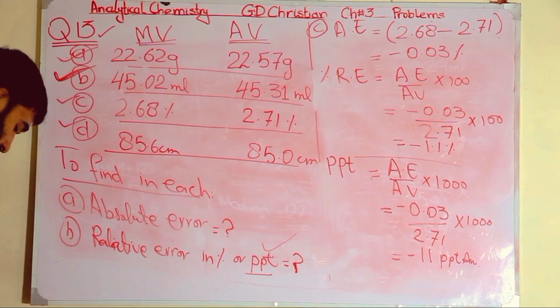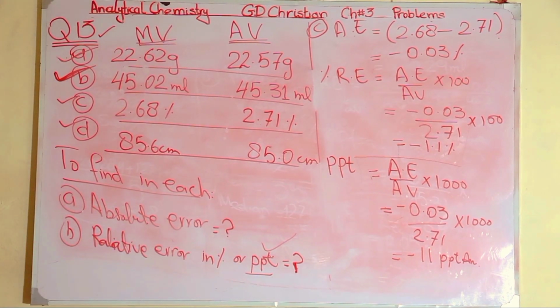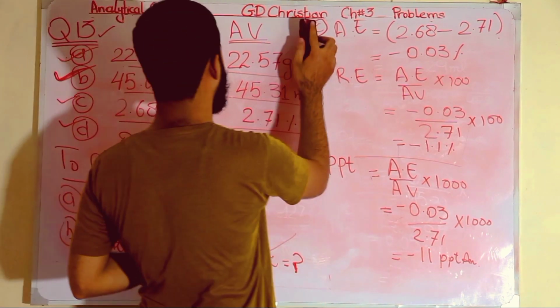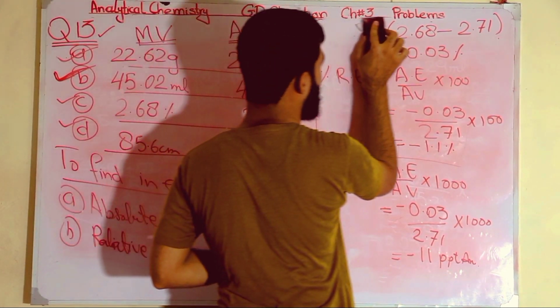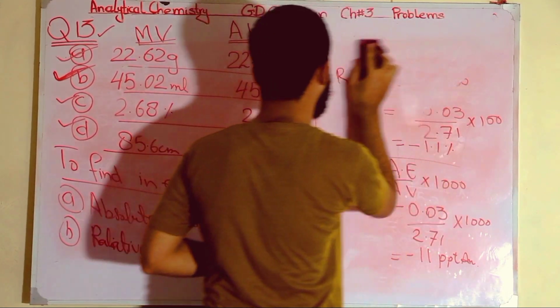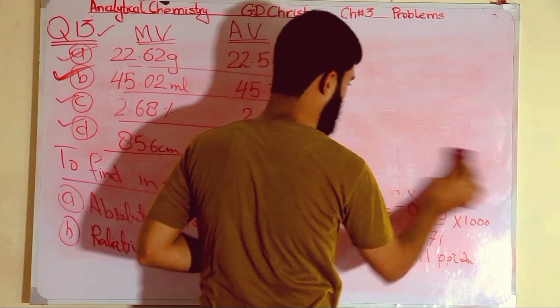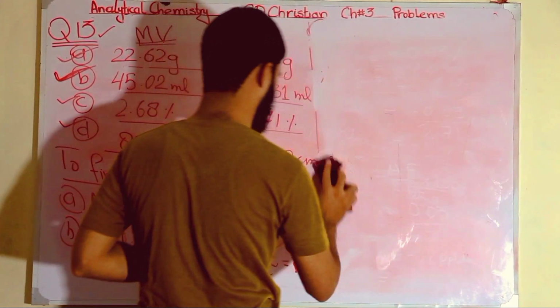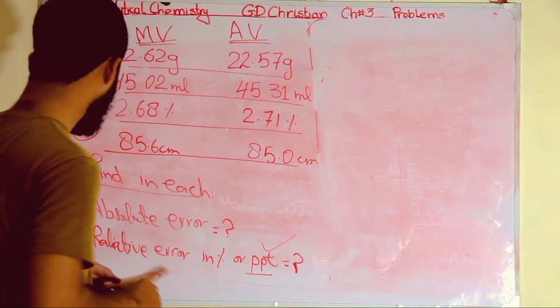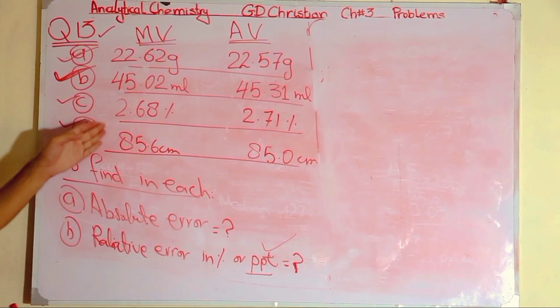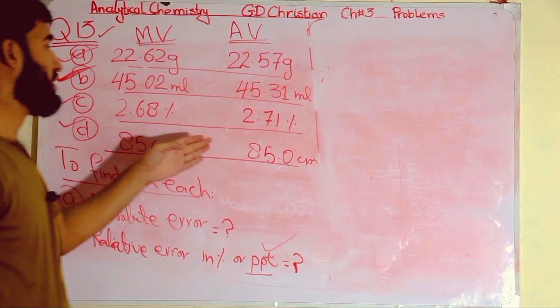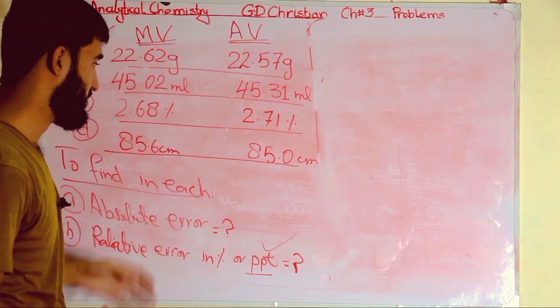Students, we have to calculate part D, which is the last part of numerical problem number 13. Measured value and accepted value are given.